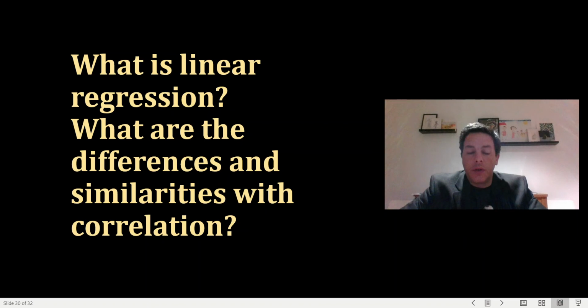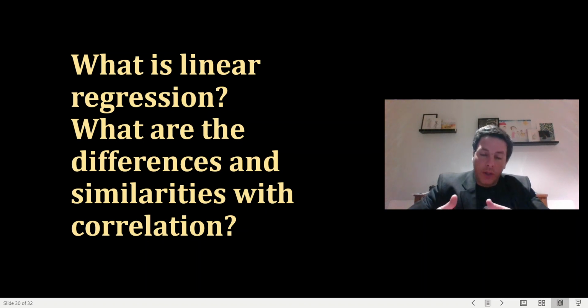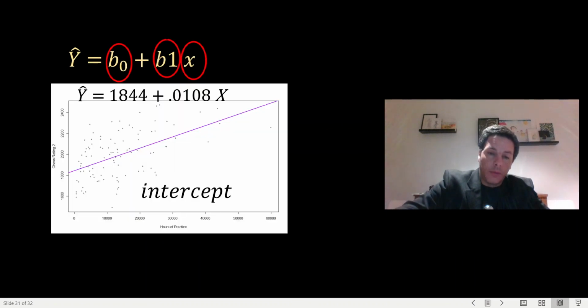Finally, what is linear regression and what are the differences and similarities with correlation? We already went through the regression line because I needed to explain linear regression in order to explain correlation. So now when we explain linear regression in itself, we add a bit more detail, but I've already gone through this. So that's what I mentioned before. Y hat means that we are predicting y.